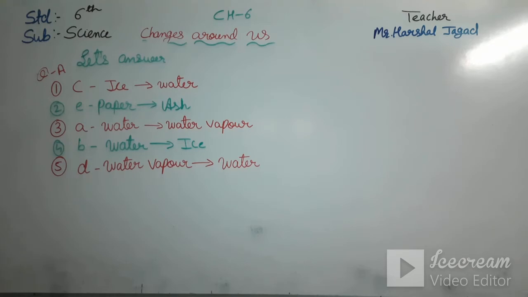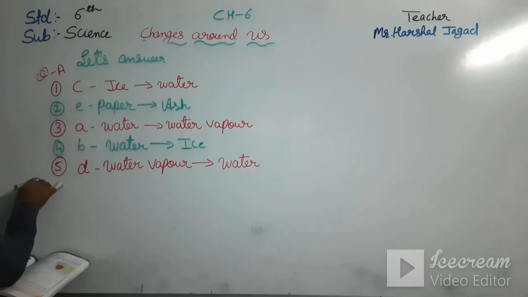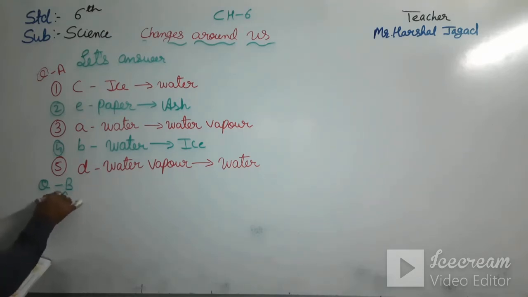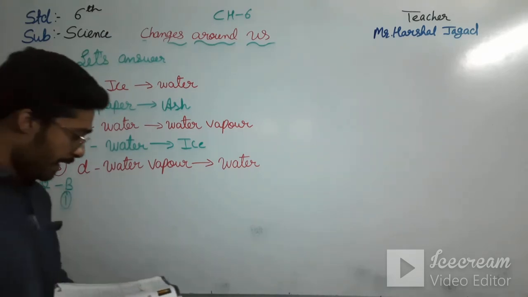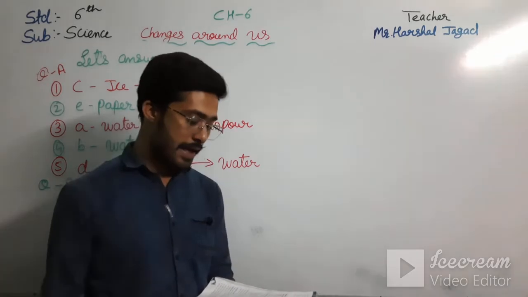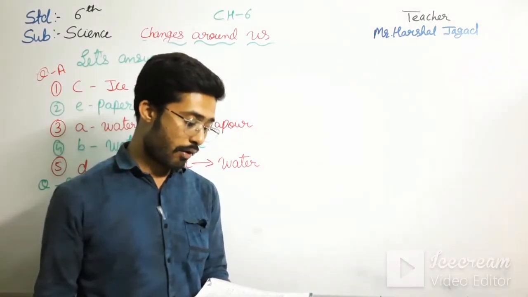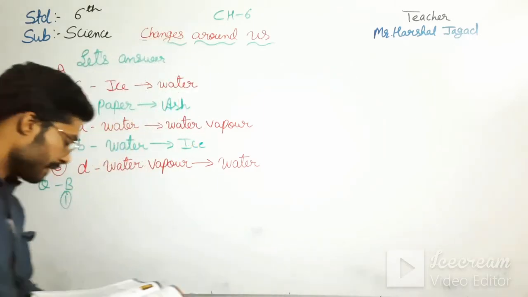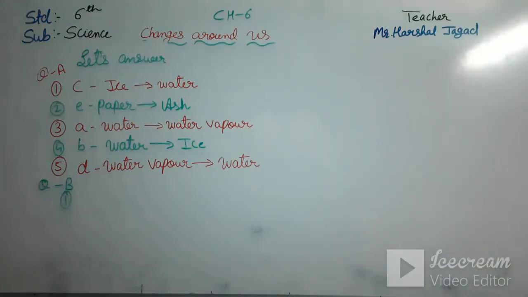And the question B, that is fill in the blanks. In that, the first one, the melting of wax is a dash change, physical or chemical. We know that it is a chemical change.